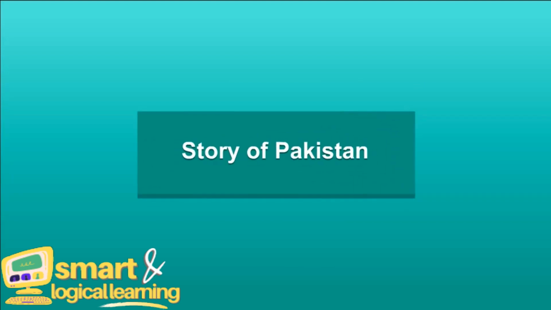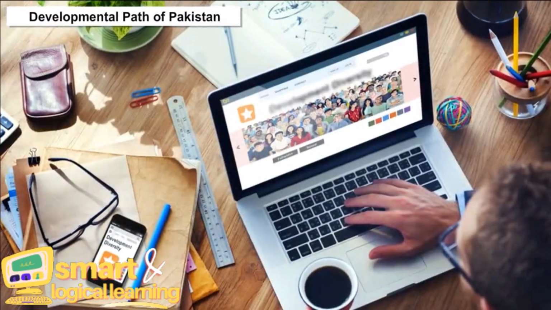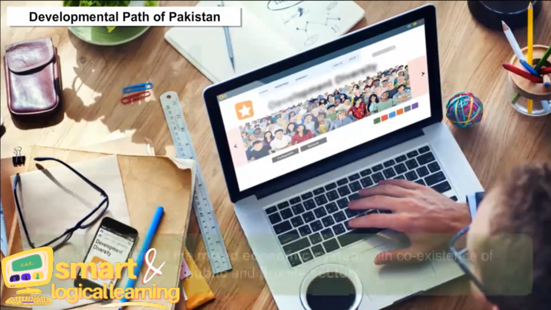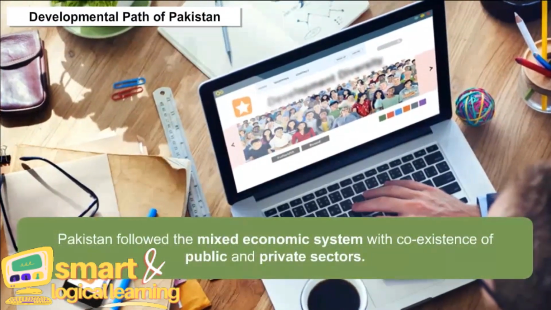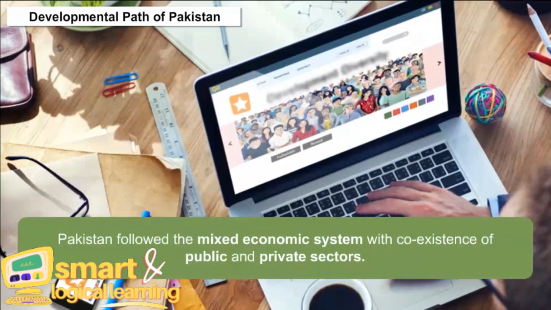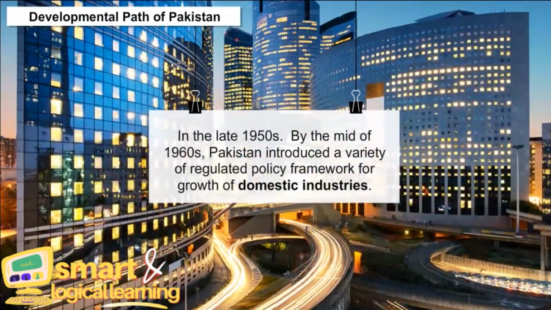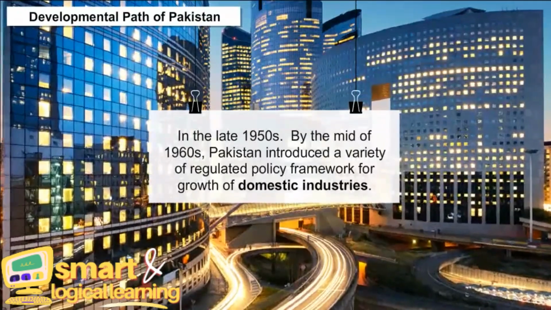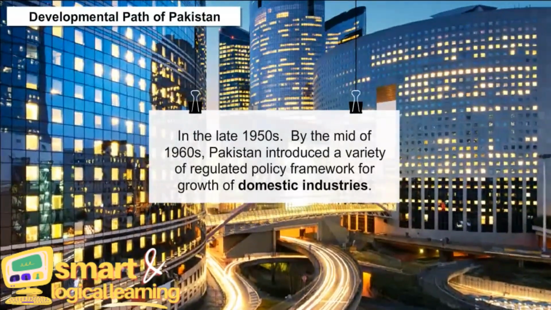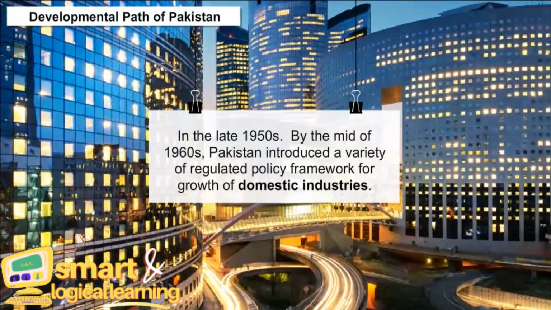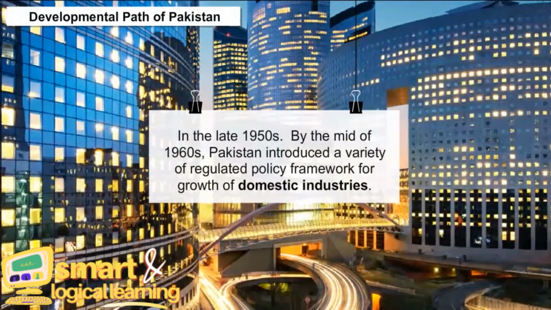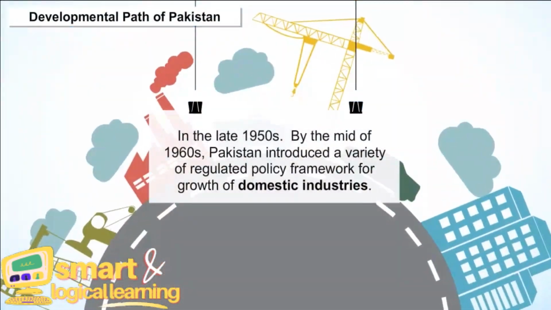Story of Pakistan. Developmental path of Pakistan. Pakistan followed a mixed economic system with coexistence of public and private sectors. In the late 1950s, by the mid-1960s, Pakistan introduced a variety of regulated policy frameworks for the growth of domestic industries.